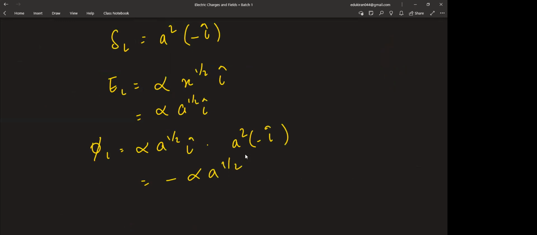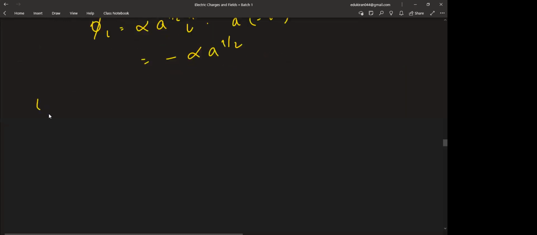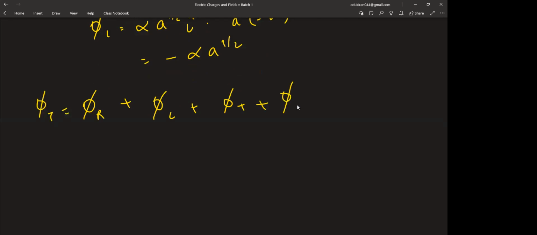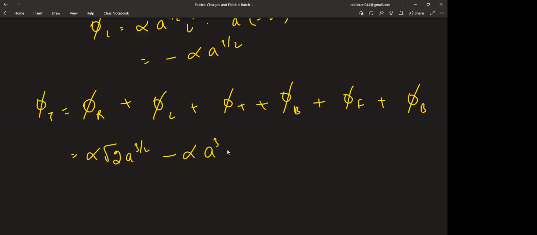Now see, when we are calculating the total flux, it would be the right face flux plus the left face flux plus flux from the top face plus flux from the bottom face plus flux from the front face plus flux from the back face. Right is alpha root 2 a to the power 3 by 2, which we have calculated. Left is minus alpha a to the power 3 by 2.